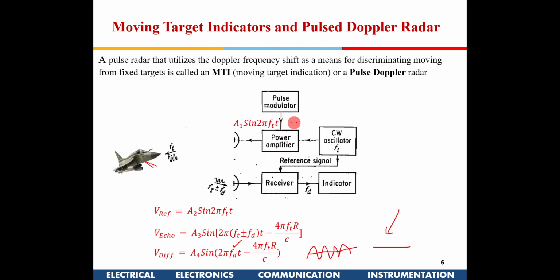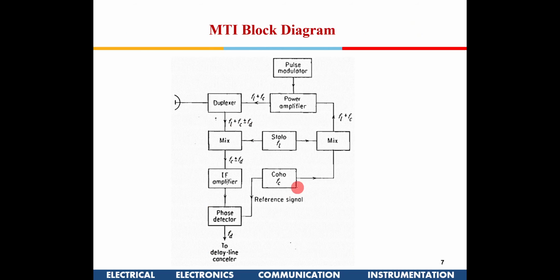Now this is a simple amplifier, but more often than not we use a superheterodyne structure, where the transmitted frequency is actually created by mixing a shallow frequency and a coherent frequency. I have a mixer which will add these two frequencies, FL plus FC, and that is being transmitted.